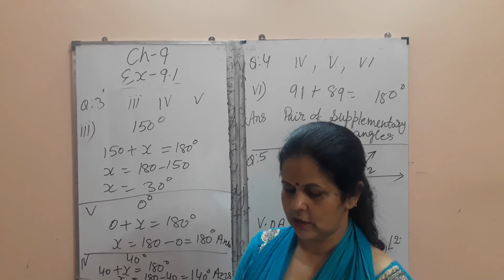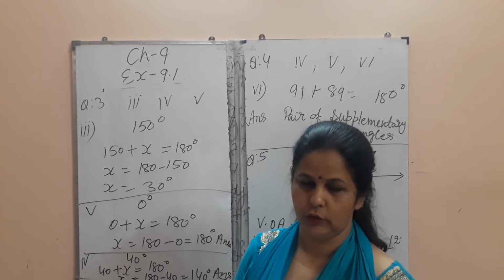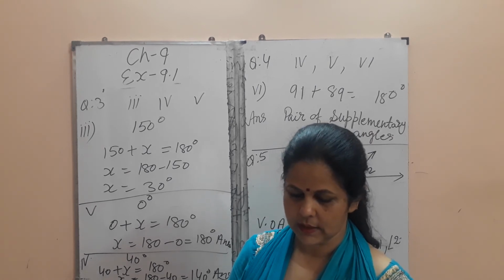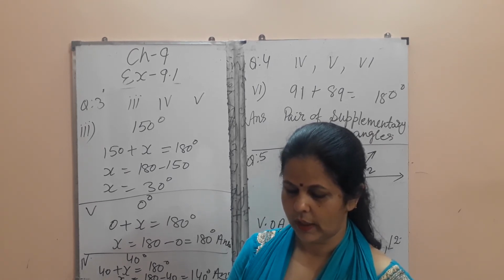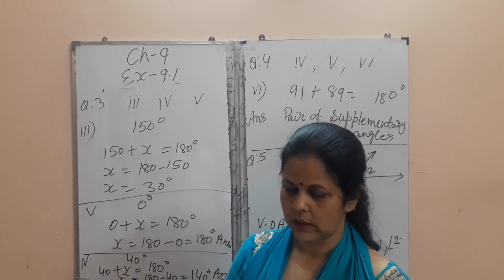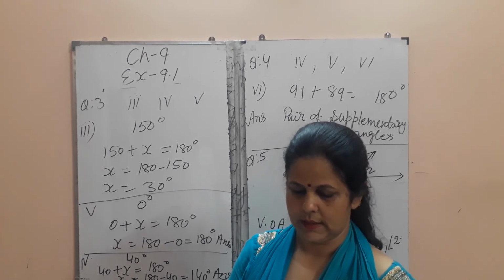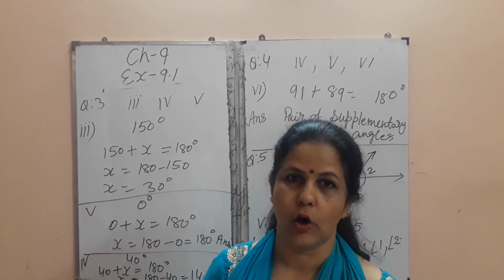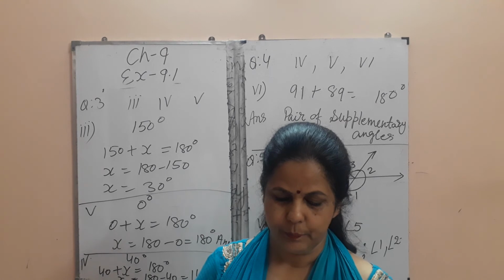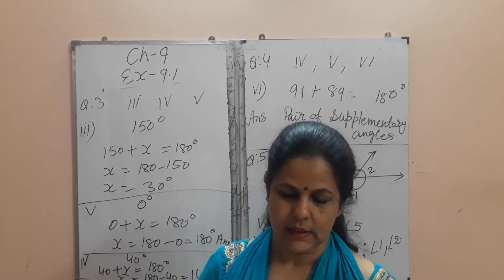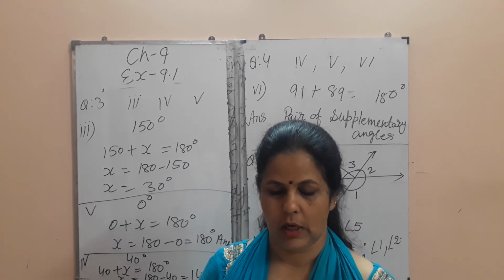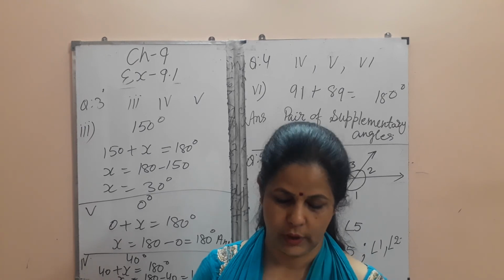Is angle 1 adjacent to angle 3? No, they are not adjacent because one angle is in between them. Second, is angle AOC adjacent to angle AOD? Yes, they are adjacent because AO is the common arm and O is the common vertex, and OD and OC are the uncommon arms, opposite to AO.